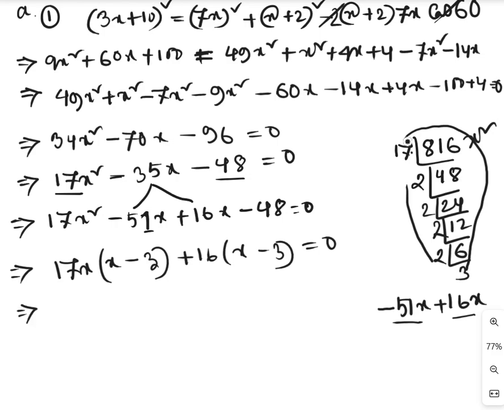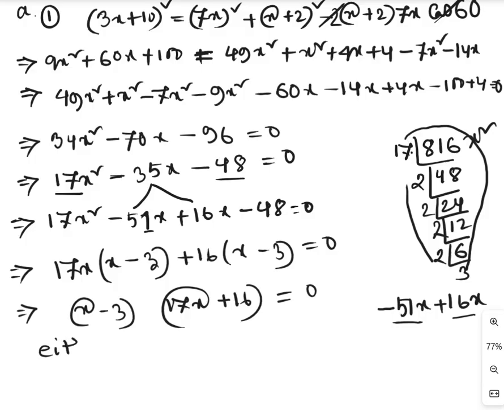So there will be two factors, one is x minus 3, another one is 17x plus 16 is equals to 0. So either x minus 3 is equals to 0 or 17x plus 16 is equals to 0.